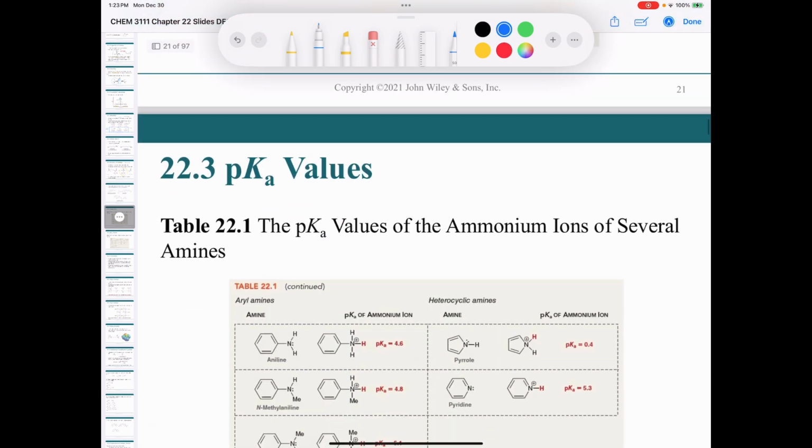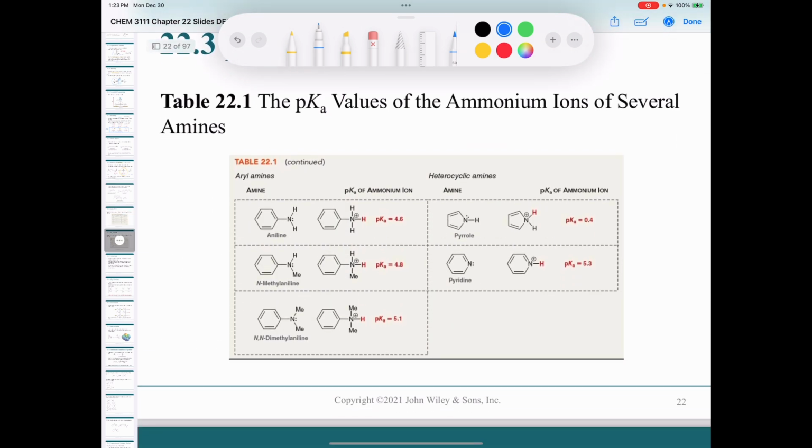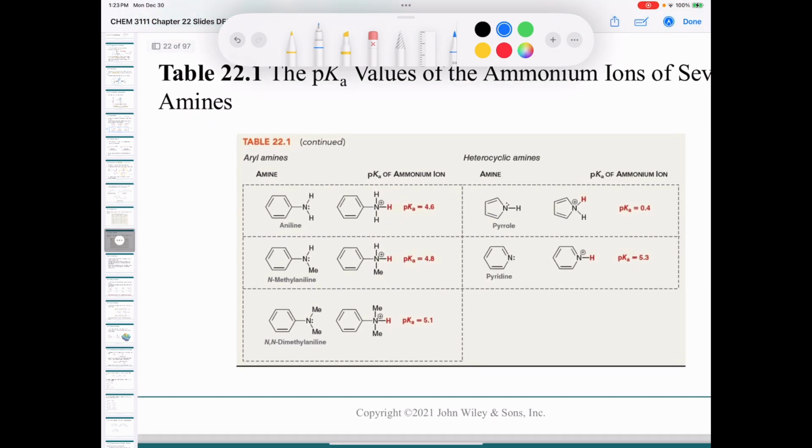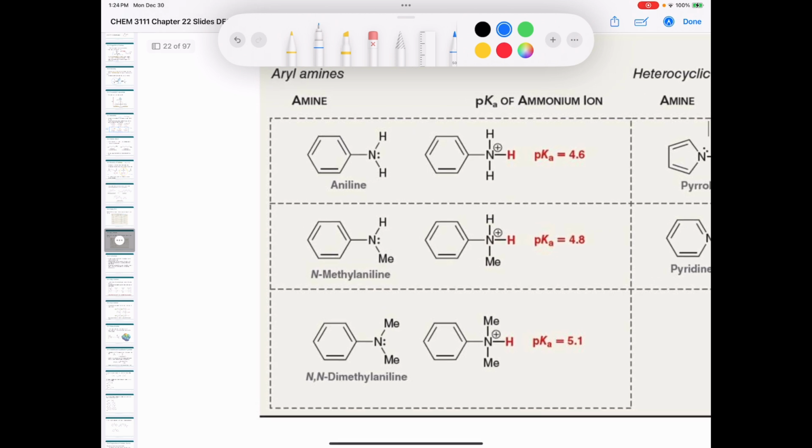So let's move ahead here. And it says here the pKa values of some other ammonium ions. So I just want to focus on the left-hand side of this table here. You notice that all of these ammonium ions are the conjugate acids of different anilines. So we have aniline, then the anilinium ion, which has a pKa of 4.6, then the N-methylanilinium ion, then the N,N-dimethylanilinium ion.